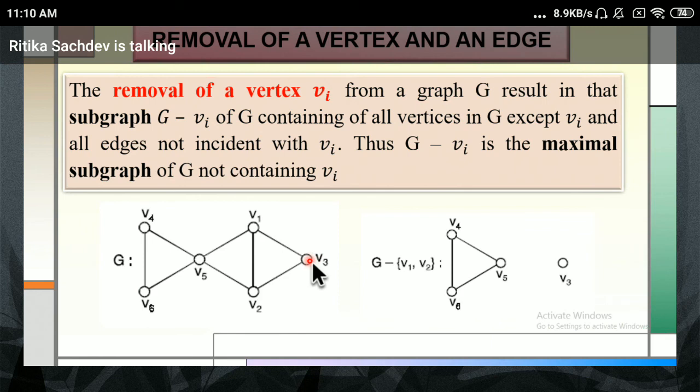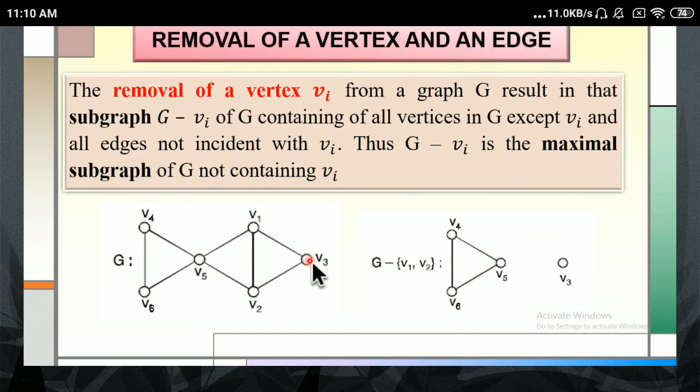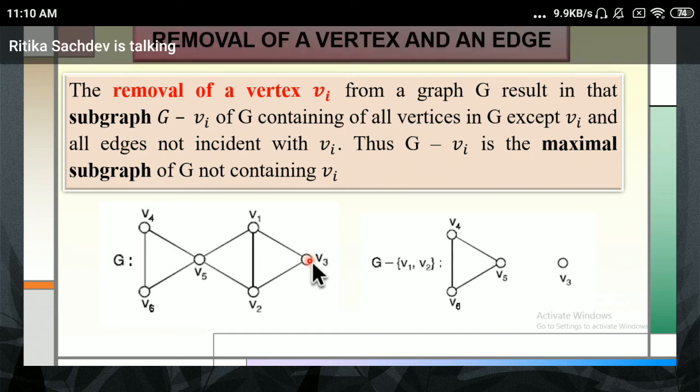Things are clear till this long. If I remove a vertex from a graph, how is my graph going to look? Do you have any doubt till this long?